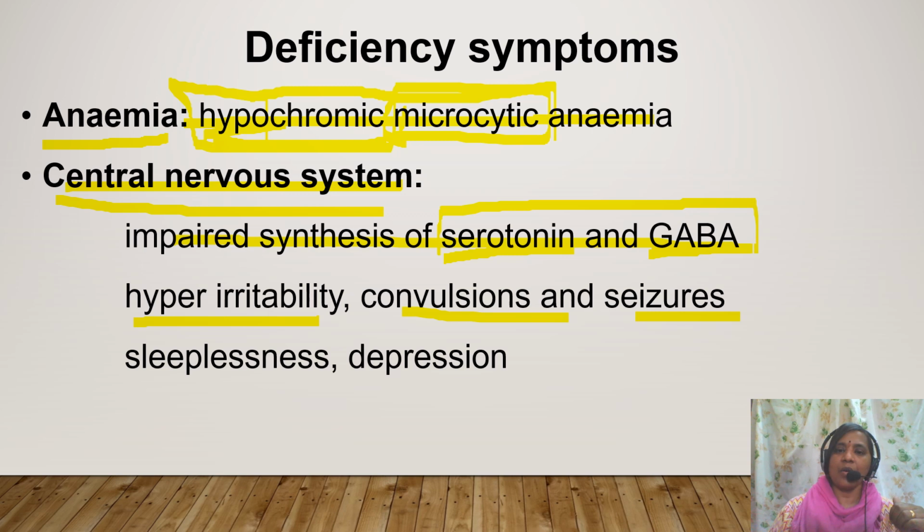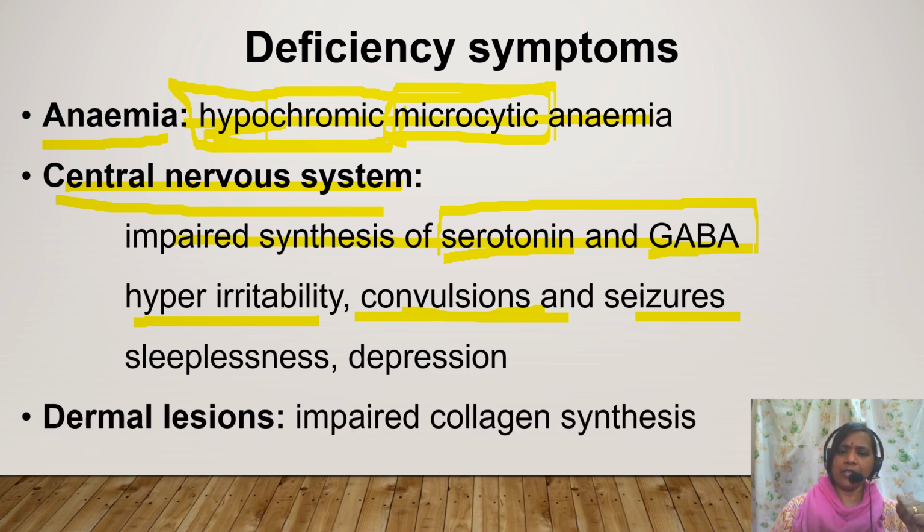Convulsions and seizures are due to the body muscles that contract and relax rapidly because of these impaired neurotransmitters. So there will be uncoordinated movement of the muscles or uncontrolled actions of the body. That is what is called convulsions.